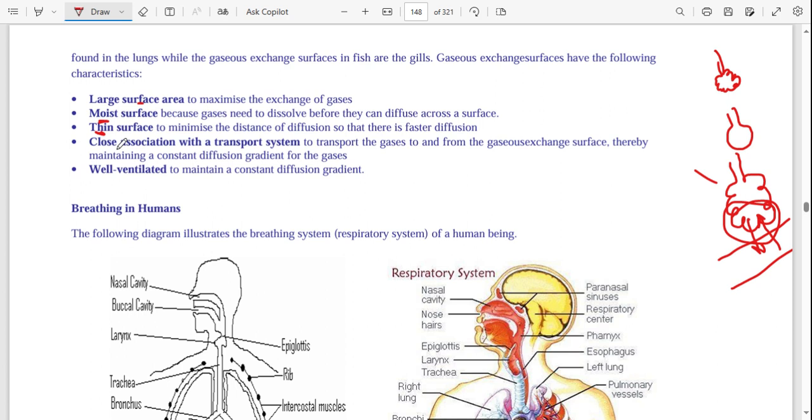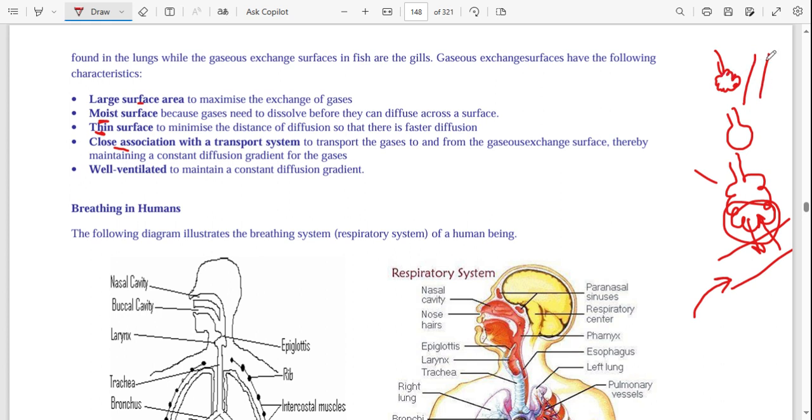And then the alveolar is also in close association with the transport system. You can see blood vessels are near. Why is that important? So that gases can be transported to and from the gaseous exchange surface, so that gases can be exchanged from the surface of the alveoli to the blood and then from the blood back.